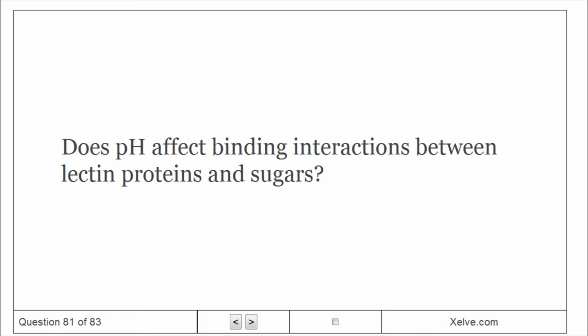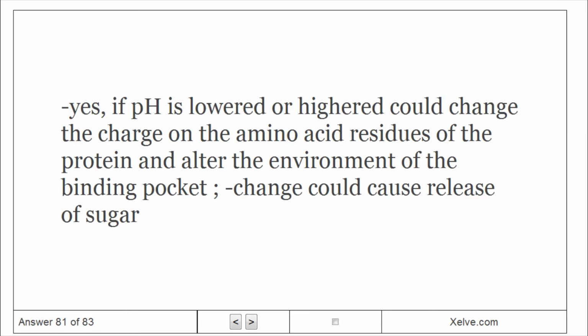Does pH affect binding interactions between lectin proteins and sugars? Yes, if pH is lowered or raised, it could change the charge on the amino acid residues of the protein and alter the environment of the binding pocket.